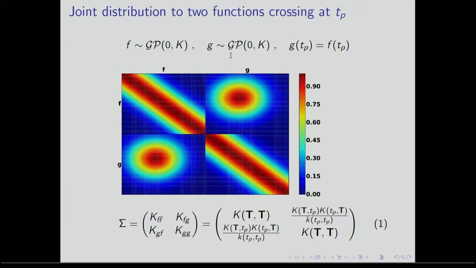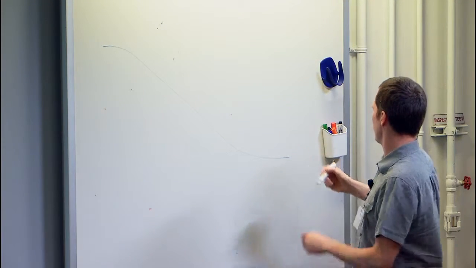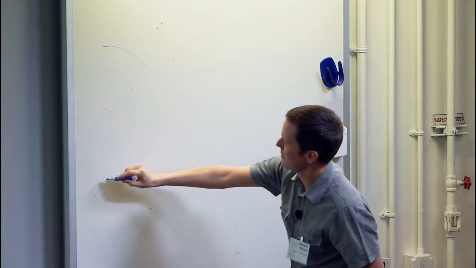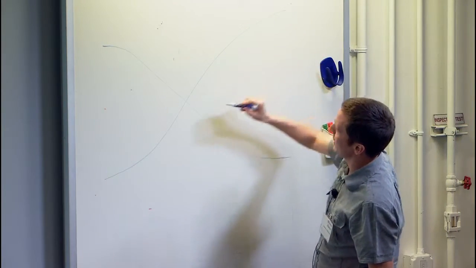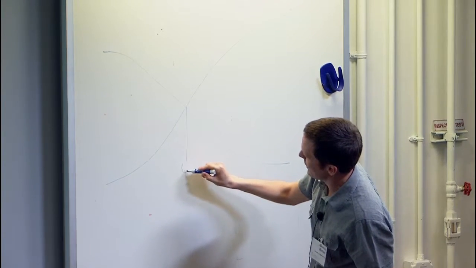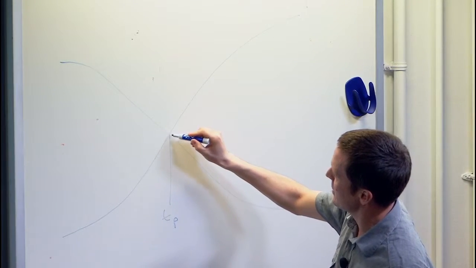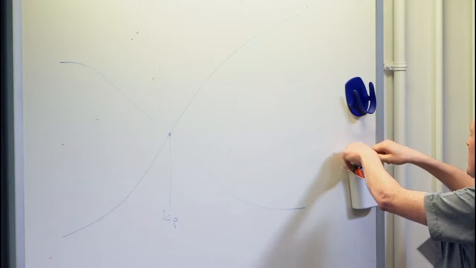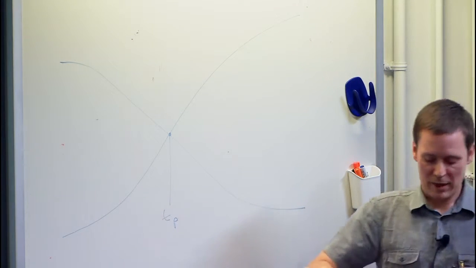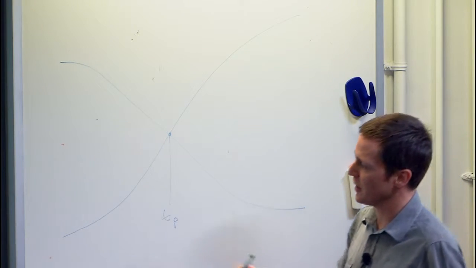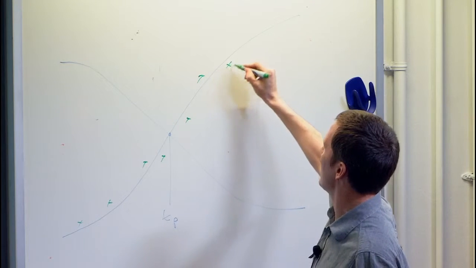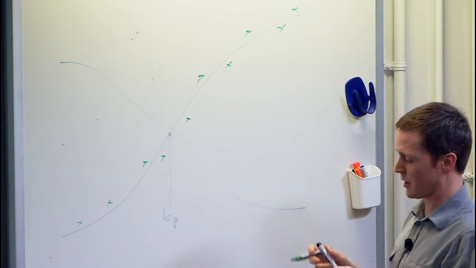Imagine you have two samples from Gaussian processes, like this, and they cross at a very specific point, and that's the constraint that those two functions have to cross there. And then imagine you have two data sets, so you have some green ones, and they go along here, and that's a wild type.